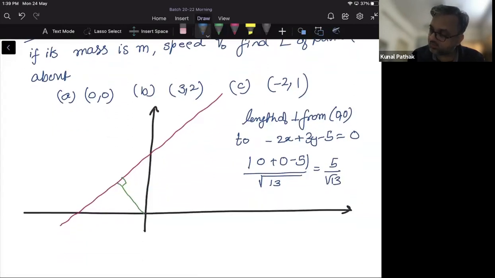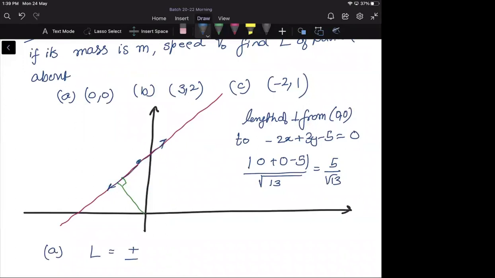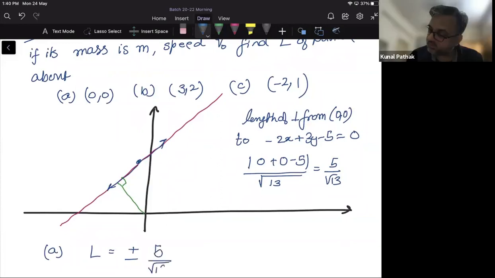Therefore, the angular momentum for part A will be equal to plus or minus, because I don't know whether the particle is going up or down, 5 by root 13 mv.